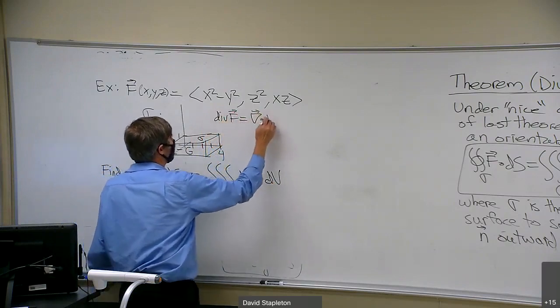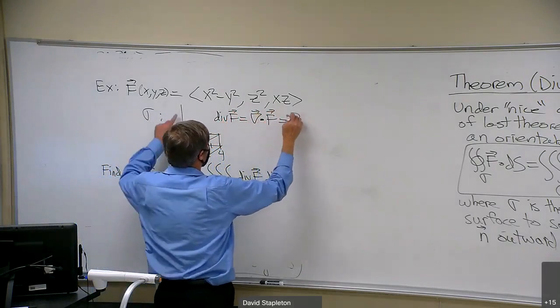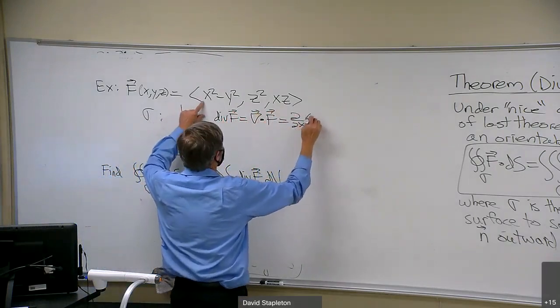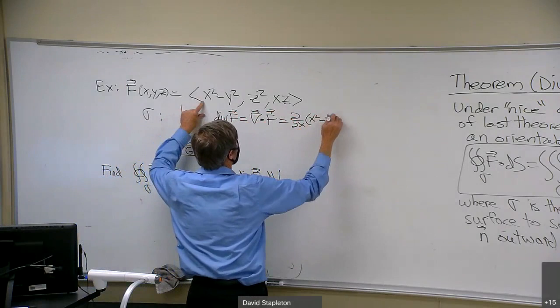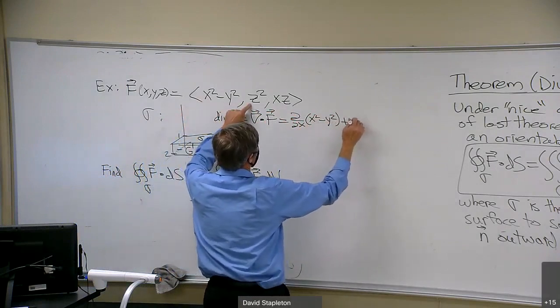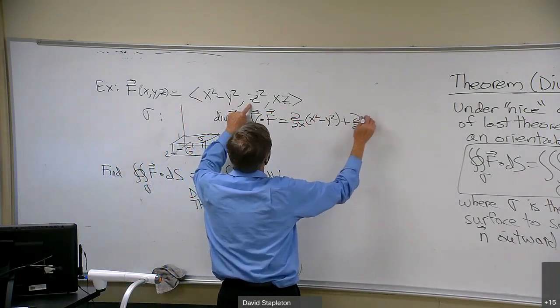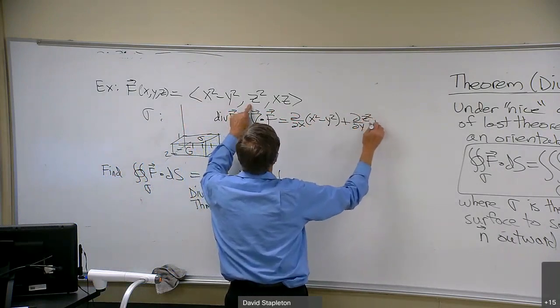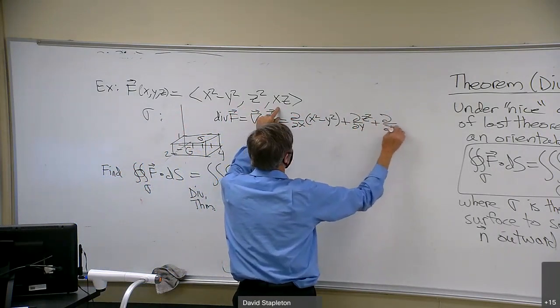The divergence, del dot F, was d/dx of the first component plus d/dy of the second component plus d/dz of the third component.